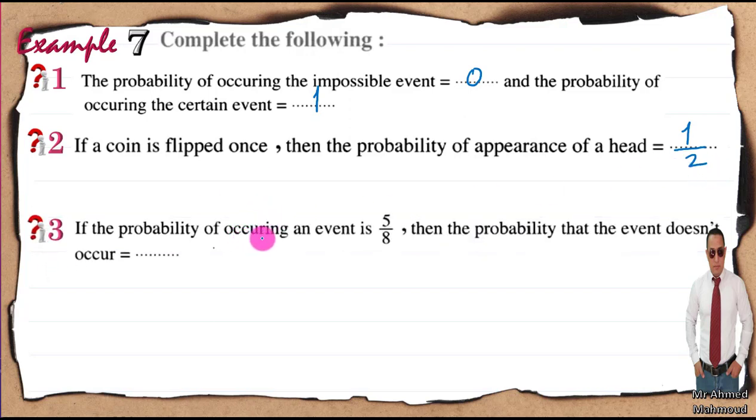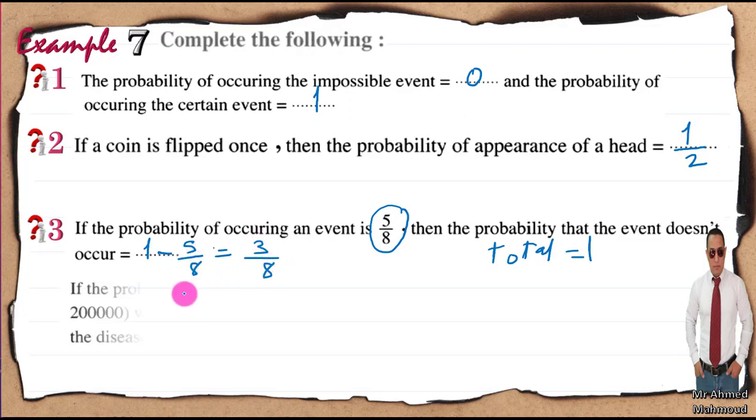If the probability of an event occurring is 5 over 8, then what is the probability that the event doesn't occur? We learned before that the total probability equals 1. So the event occurs with 5 over 8, and it doesn't occur with 1 minus 5 over 8, which is 3 over 8.